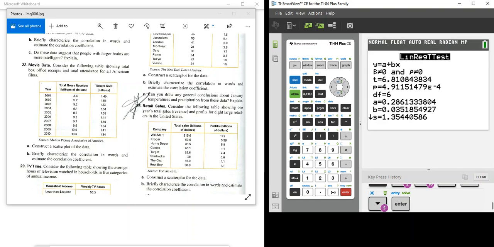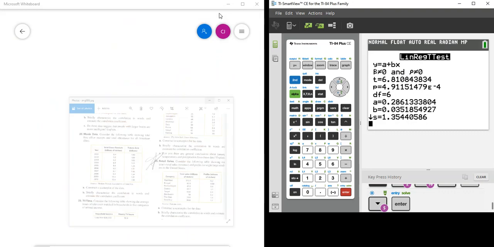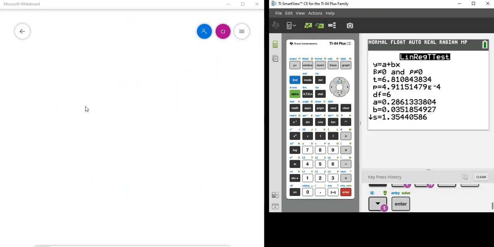All right, so we got this data. I'm going to take this out of here, and we're going to look at this stuff over here. So this is y equals a plus bx.